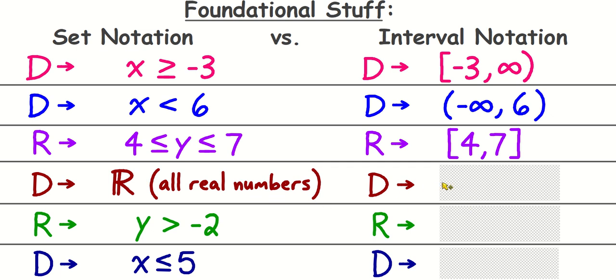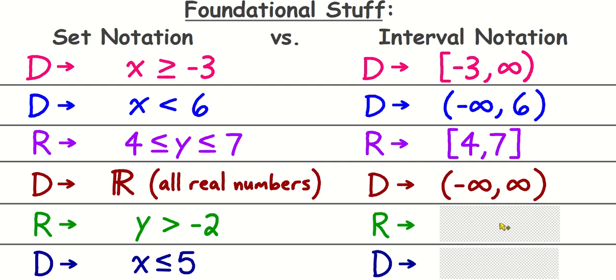And how do you think we use interval notation to say all real numbers? It would just be negative infinity, comma, positive infinity, and obviously both parentheses, always parentheses on infinities. This green range is everything greater than -2.